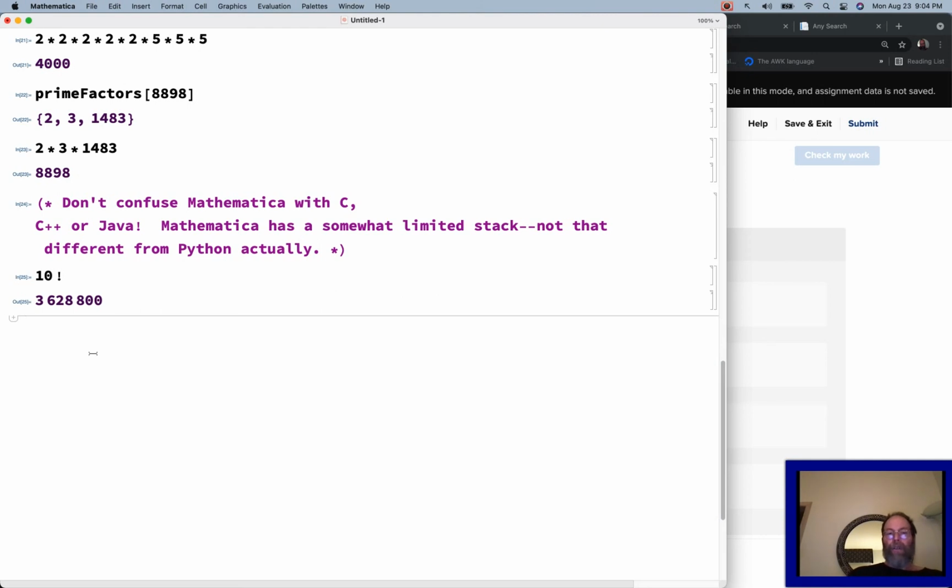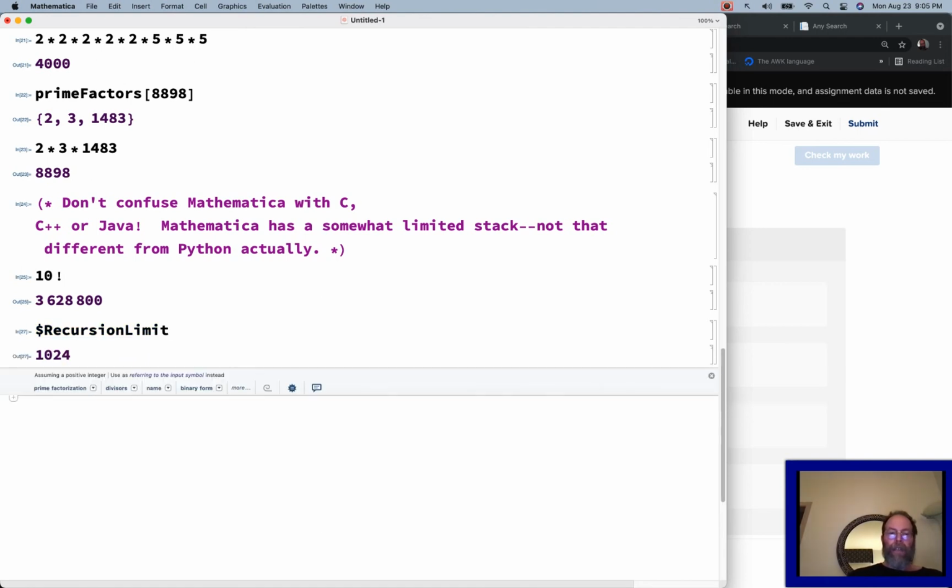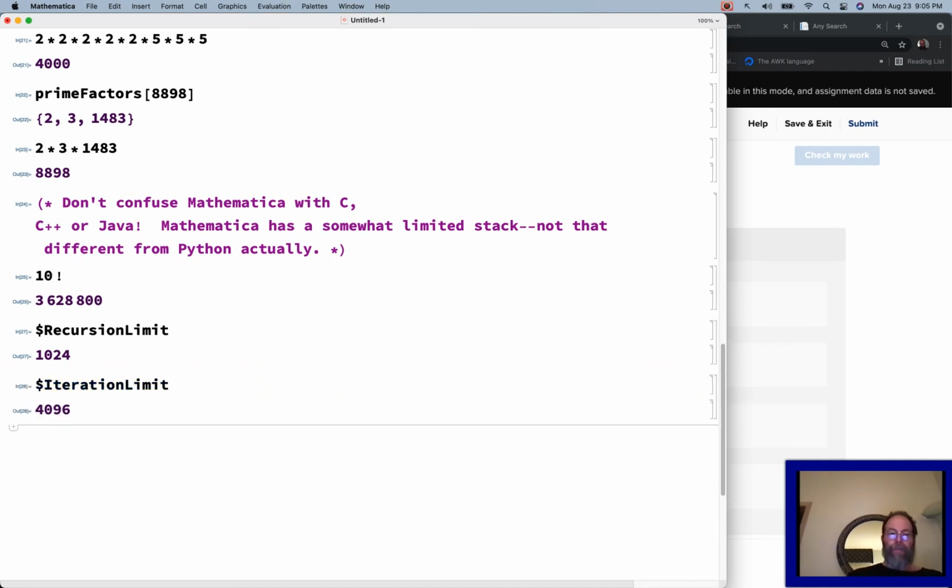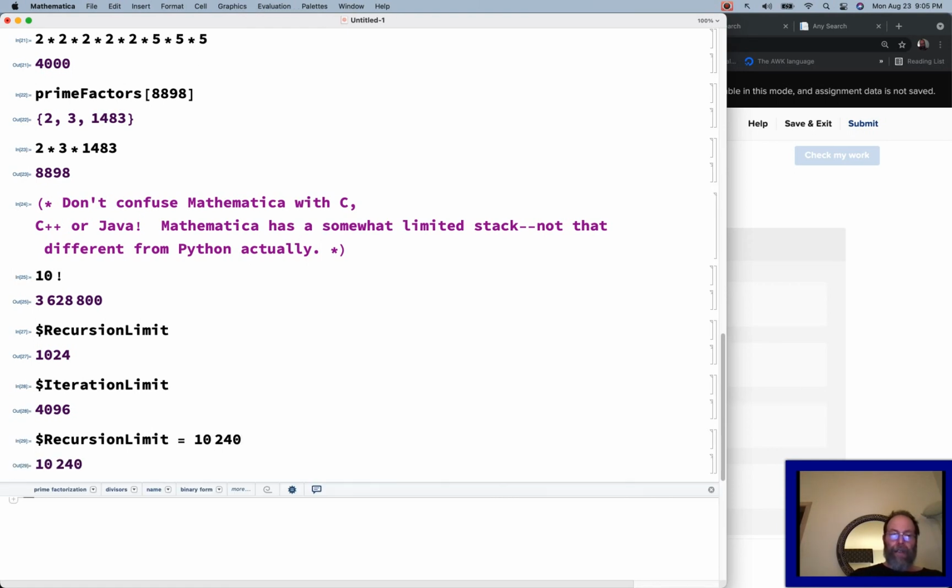So first of all, okay, recursion limit. Yeah, 1024 stack frames. Iteration limit, 4096. So even if we were to increase this, recursion limit is equal to 1,000. I'm going to multiply by 10, 10,240.